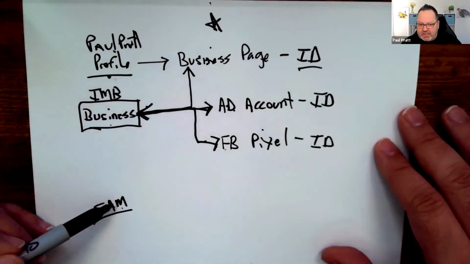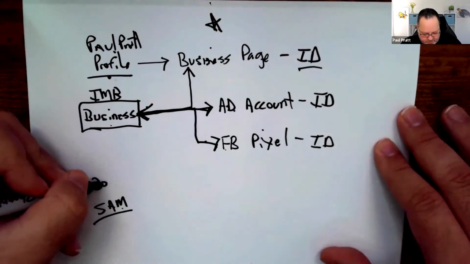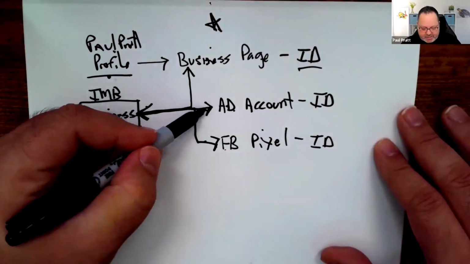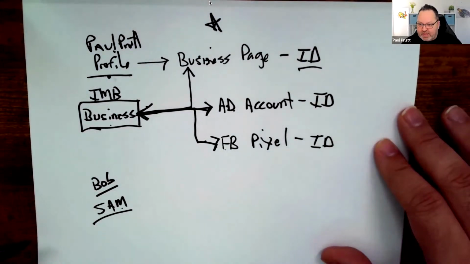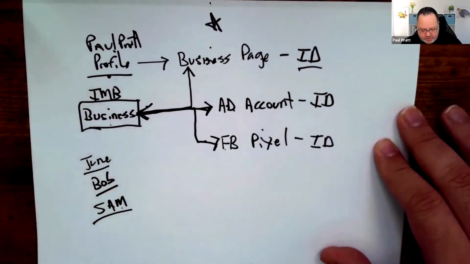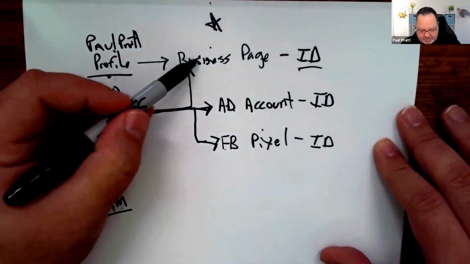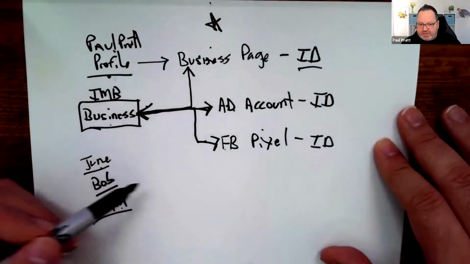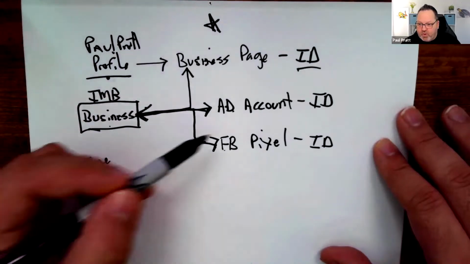Let's just make these different names. If Bob was an ads manager, I can give Bob access to my ad account to run my ads for me. If June was a social media manager, I can give her access to my business page. So I can give different levels of access to everything or just one thing.